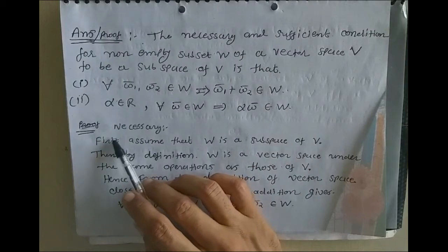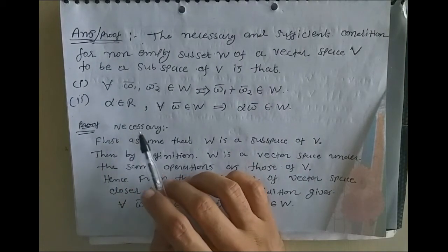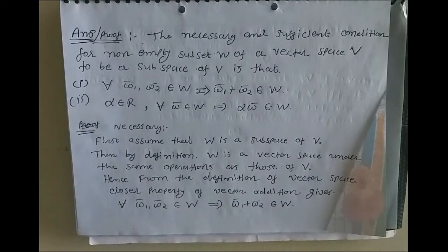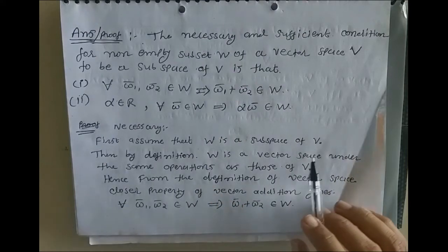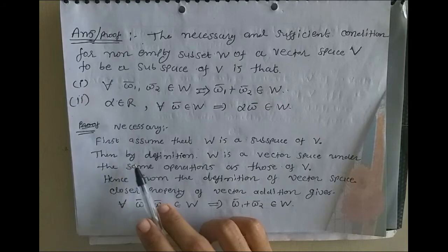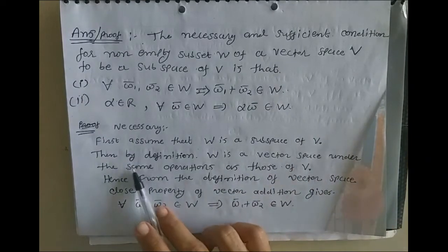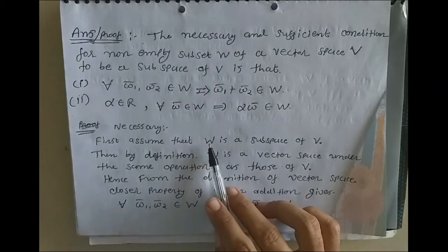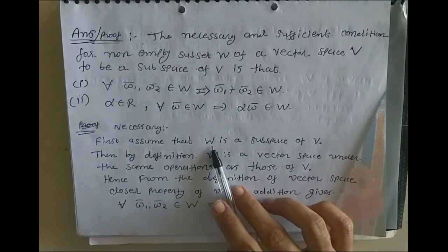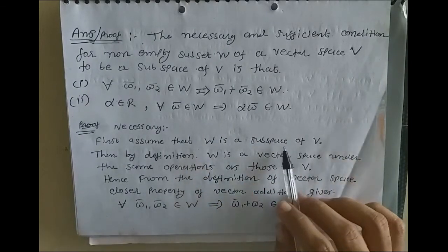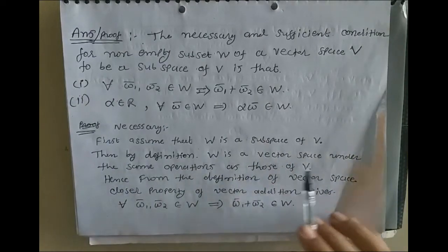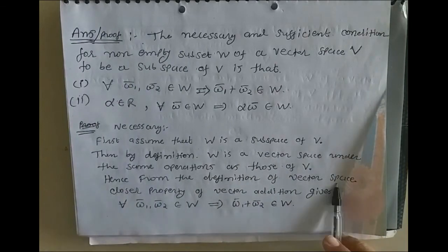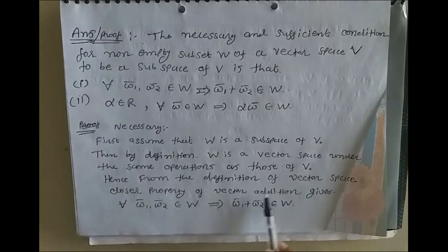Now first we consider the if part, or say the necessary condition. First of all we assume that W is a subspace of vector space V. Now by definition W is a vector space under the same operations as those of V, because in our definition W is said to be a subspace of V if and only if W is a vector space under the same operations as those of V. And now the definition of vector space: first is the closure property for vector addition.